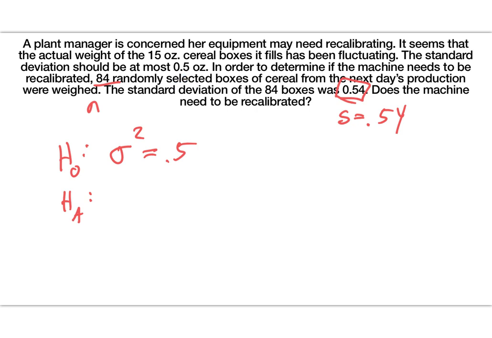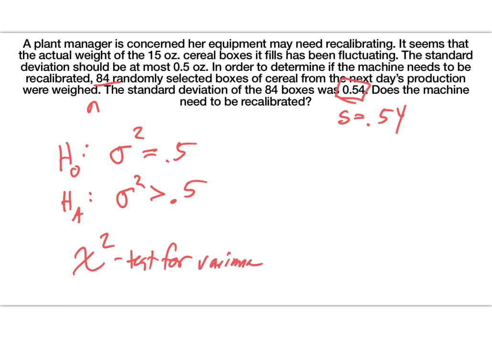So that means if it's out of whack, the variance is over 0.5. So a test for variance, the only test we have is the chi-squared test for variance. I've got a lot of degrees of freedom, so it's going to look almost like a normal curve.